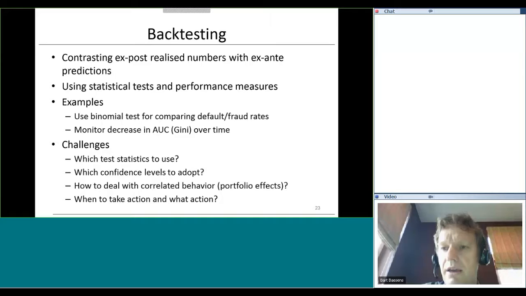Each of them has specific advantages and disadvantages, and it's really important that you know which one you should apply when. Not only which one you should apply when, but also what confidence levels we should adopt. Because as soon as you adopt a statistical test, you need to decide, are we going to use a 95% confidence level, a 99% confidence level, and so on.